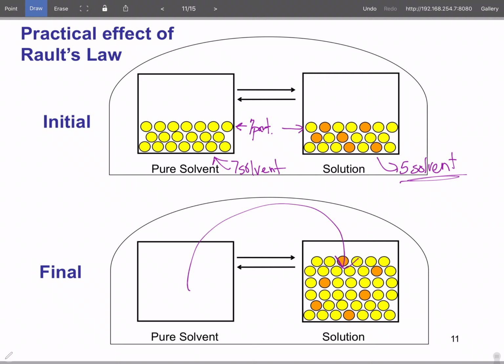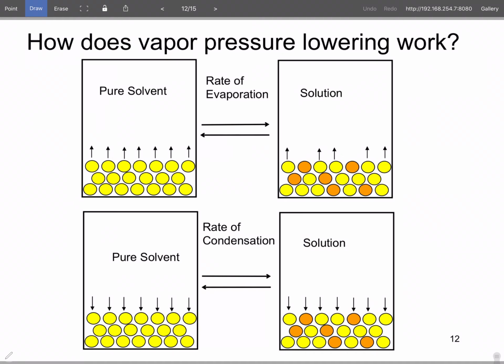So what happens is over time, the net effect of Raoult's law is that all of the solvent goes over to the solution. So if you set this up in a bell jar, which basically this means you're isolating it, then the net effect is over time, you end up with all the particles in the solution, not in the pure solvent. And the reason why is that here we have 7 solvent particles evaporating.